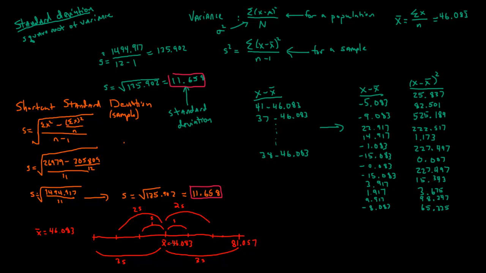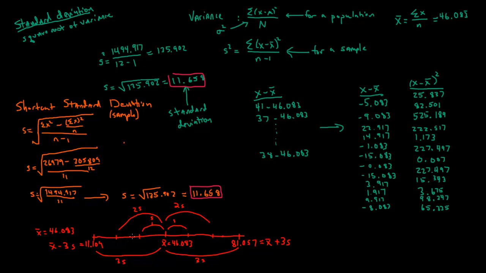And if you subtract 3 standard deviations, you'll get this number: 46.083 minus 34.974, and you get 11.109. Again, that is X bar plus 3S, and this over here is X bar minus 3S.